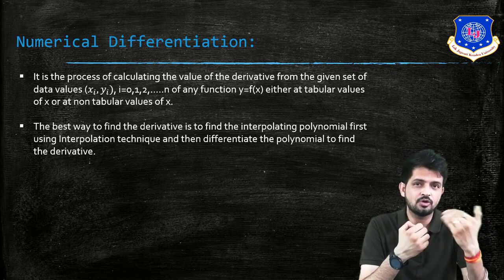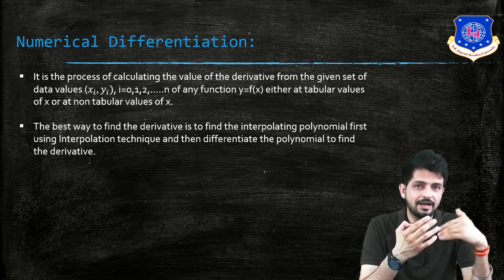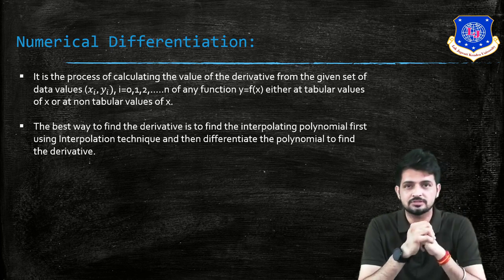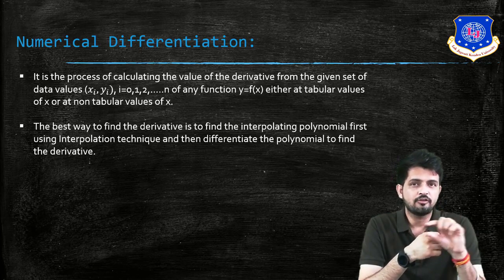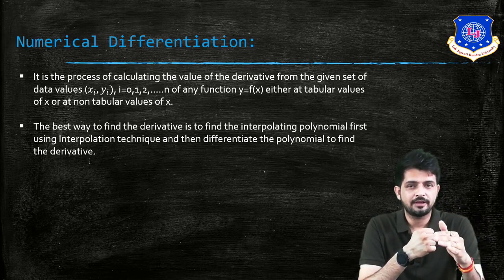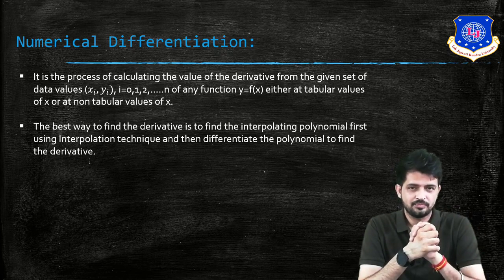And if you want to find more derivative, higher order derivative, then also it is possible. Okay, we can take derivative of the given interpolating polynomial. Like if f of x is given, we can find f dash of x, we can find f double dash of x from that. Okay. So in this way we can find the numerical differentiation.